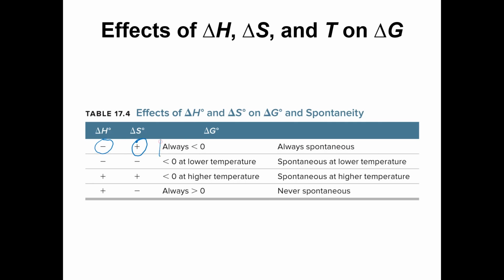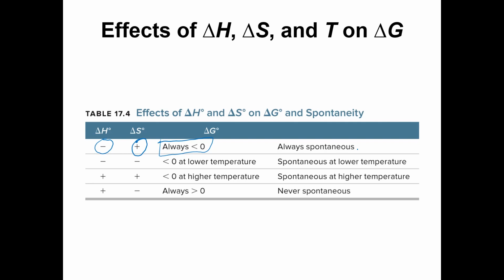And we just said when delta G is less than 0, a reaction is always spontaneous. So if you have something that has a negative delta H, a positive delta S, and a negative delta G, the reaction is going to be spontaneous. Now, these are not the only times a reaction can be spontaneous. This is probably the most straightforward way for it to be spontaneous, but there are other situations.